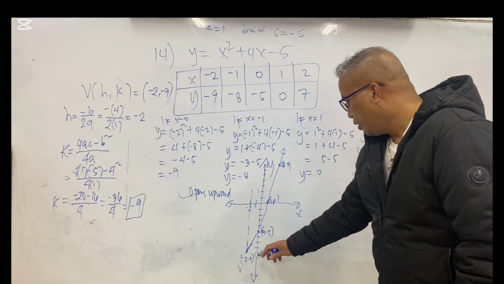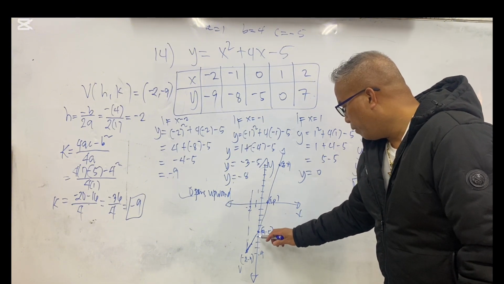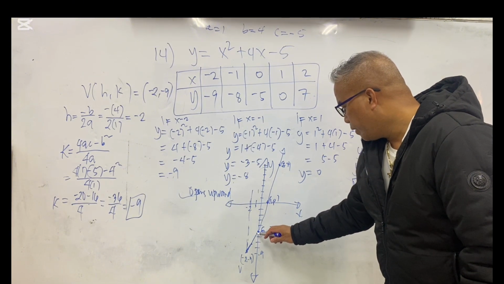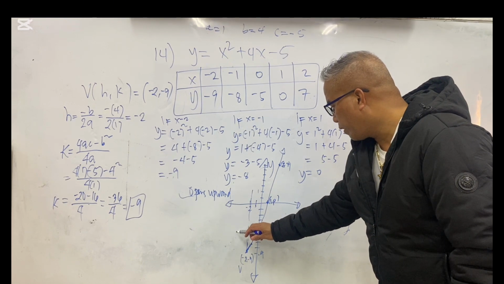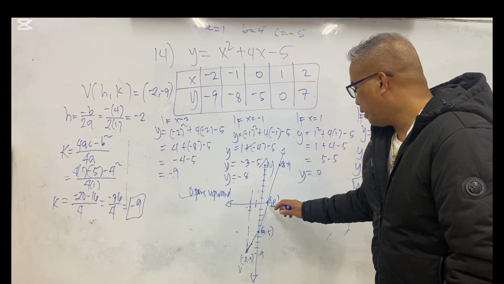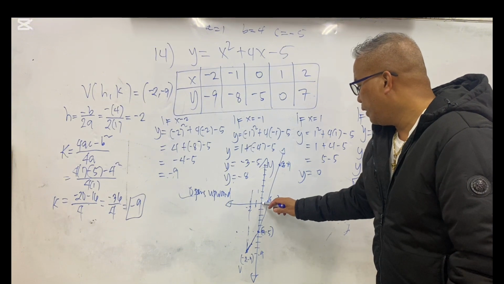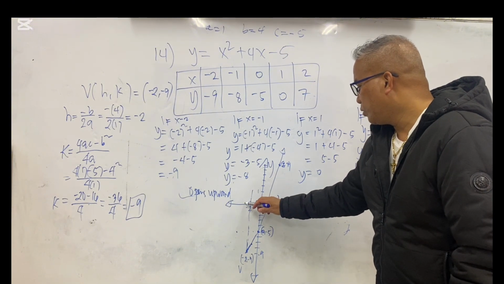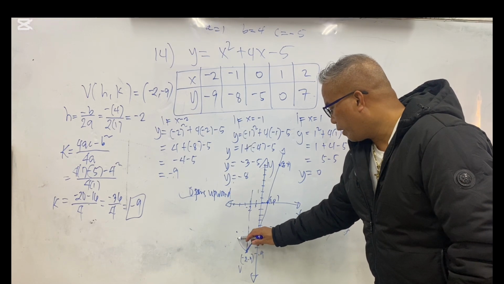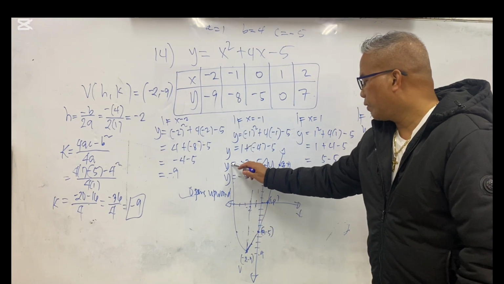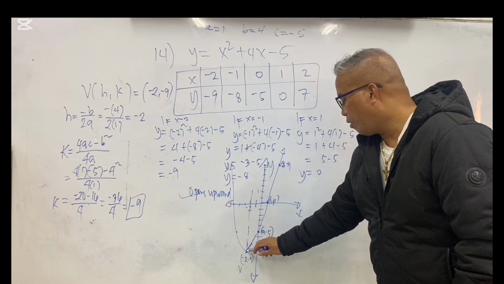From here, how many units? 1, 2, so somewhere here. Then here, how many units? 1, 2, 3, so here. So the graph of the parabola opens upward.